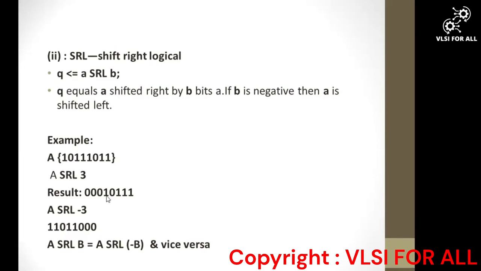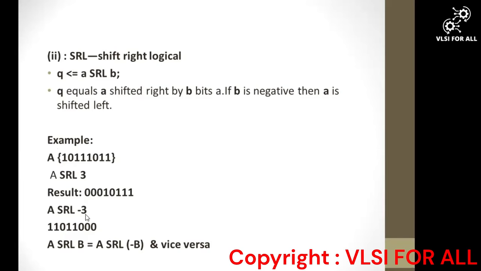It will shift the sequence towards the right by 3 bits, so 1 0 1 1 will come here, and these 3 positions are vacant, so we fill 0 at the vacant positions.